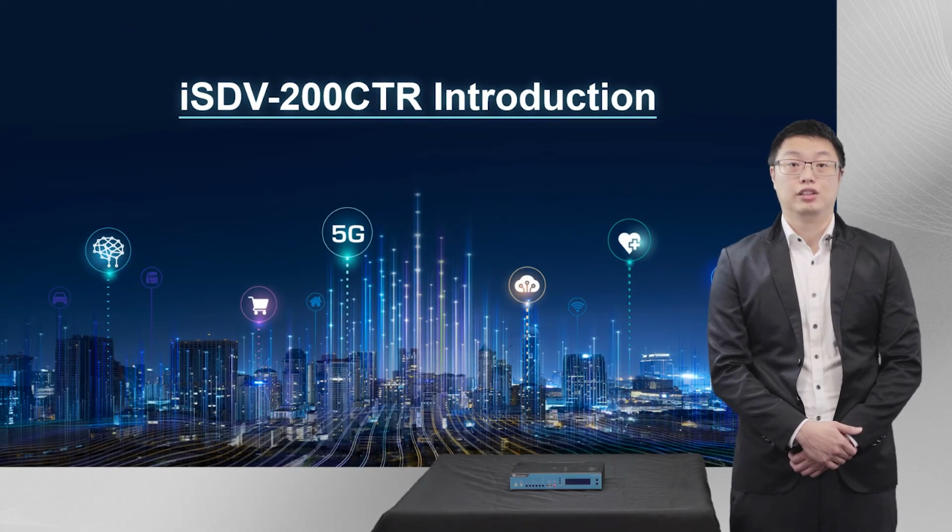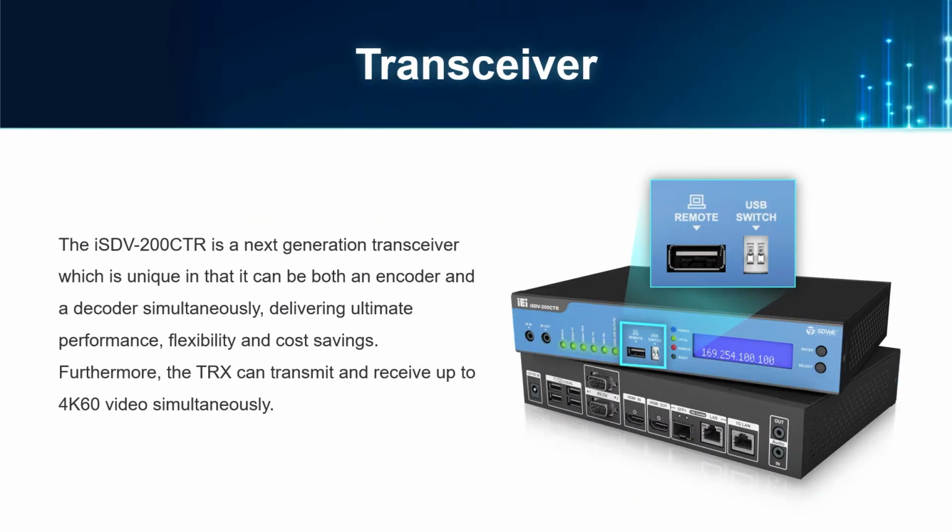Next, let me introduce our new product, ISDV 200CTR, in detail. The ISDV 200CTR is a next-generation transceiver, which is unique in that it can be both an encoder and a decoder simultaneously, delivering ultimate performance, flexibility, and cost savings.